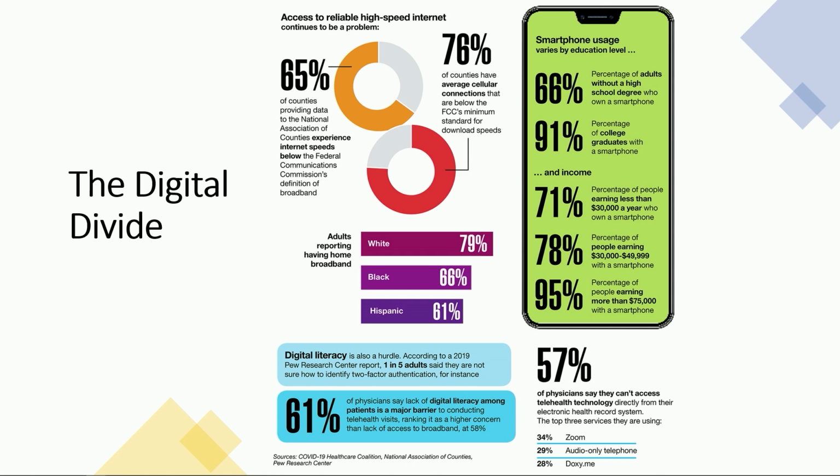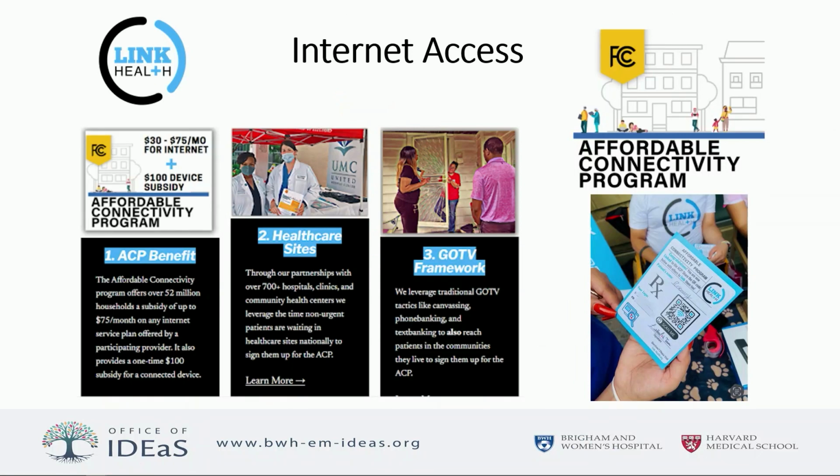So those are just some statistics on the digital divide, but I want to talk to you about how we can help our patients get internet access. Right? So I think this is a high-tech solution. And so one of the programs that's running out of MGH, Center for a Healthier Democracy, is called Link Health. And it deals with helping people get internet access.